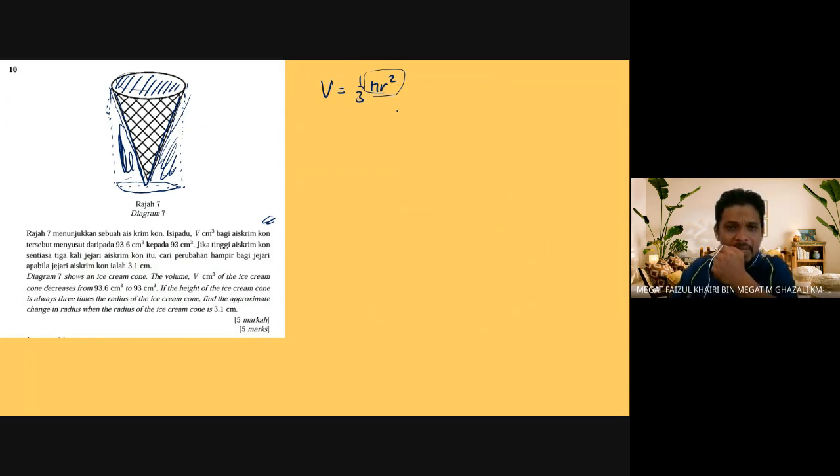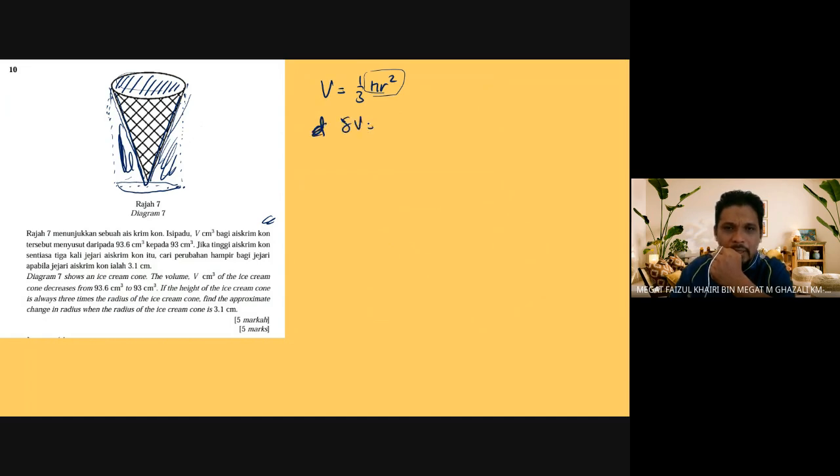So the volume of the ice cream cone decreases from 93.6 to 93 cubic centimeters.